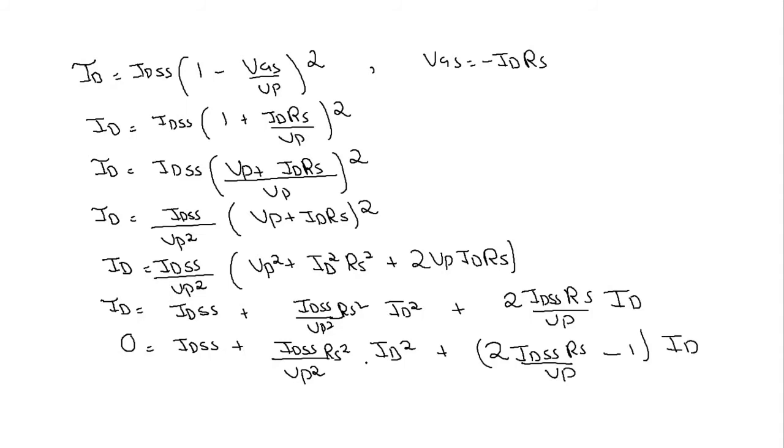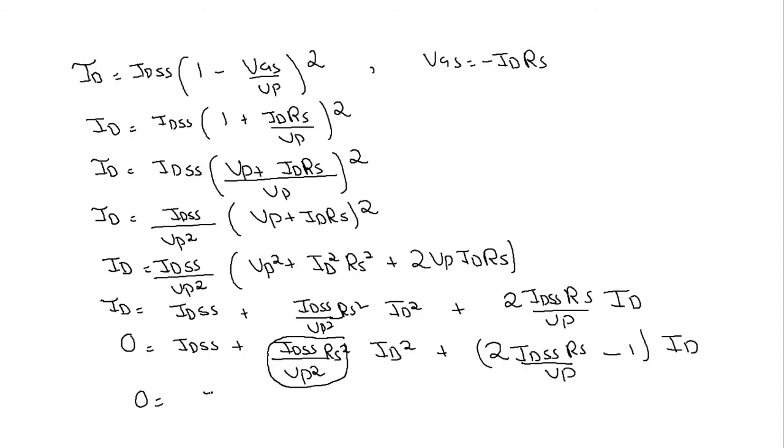Now what I am going to do is that I am going to divide all this equation by this term, so that ID whole square is a single term. So when I do it, this whole is going to be divided by this as well and by this as well, and then I am going to call this some constant k1, and then I am going to call this some constant k2.